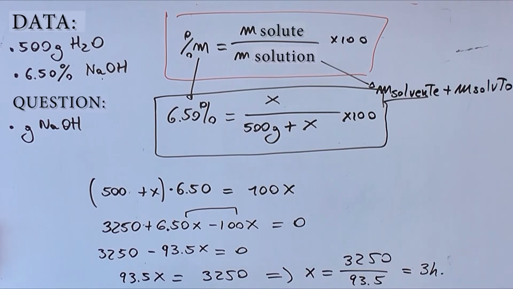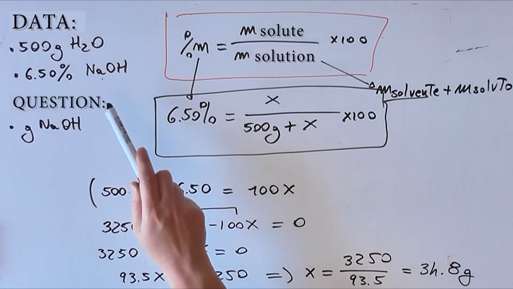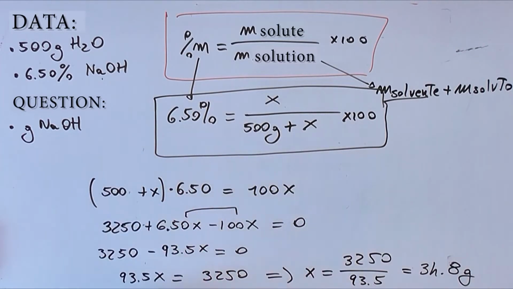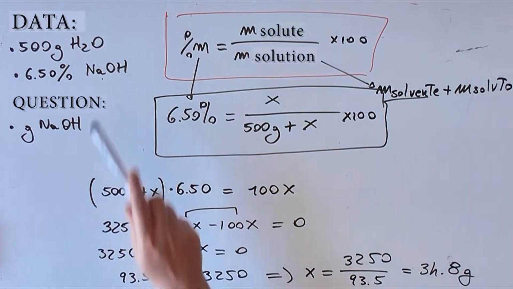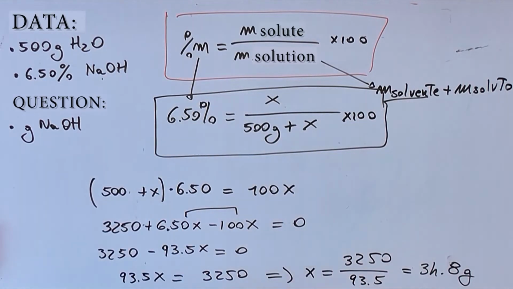Actually, if you round it up, it's 34.8. What does it mean? It means that to prepare this solution, I need 34.8 grams of NaOH, which I will dissolve in 500 grams of water. The procedure is the same we have seen in the previous problem. So this was the third problem, and now let's move on to the fourth one.